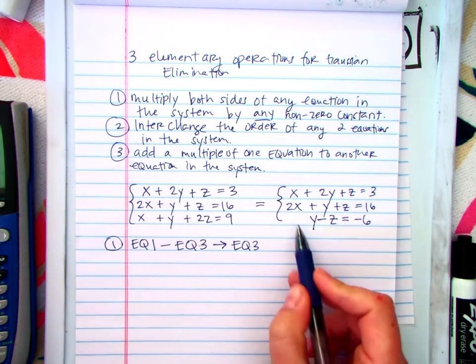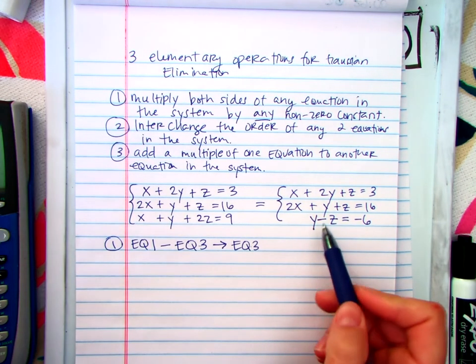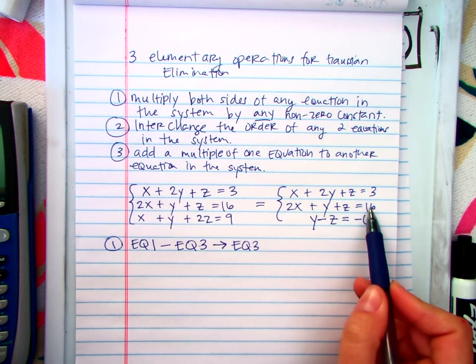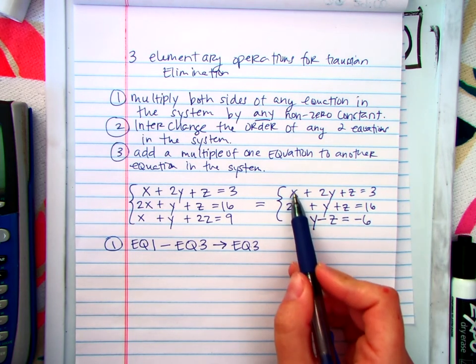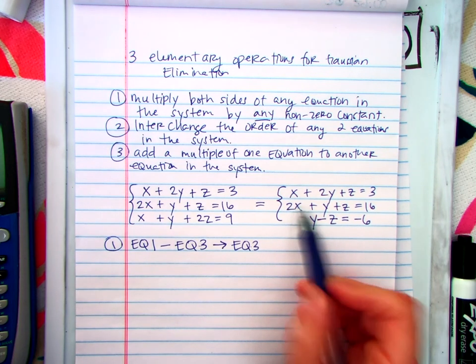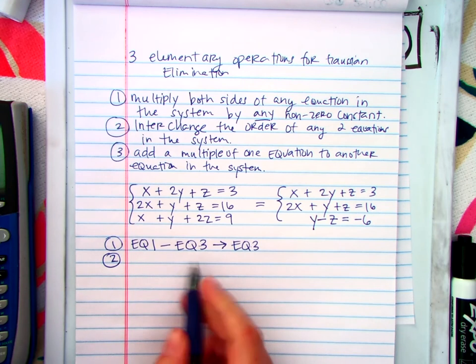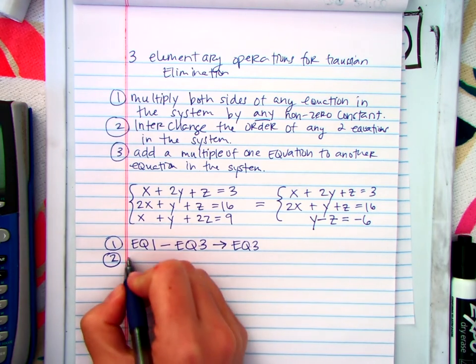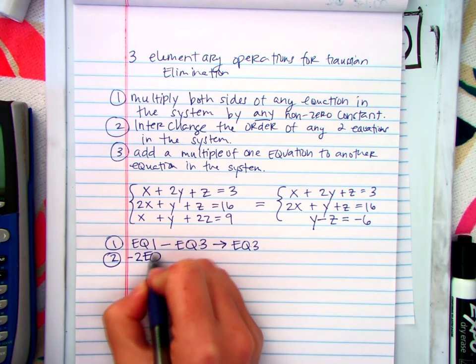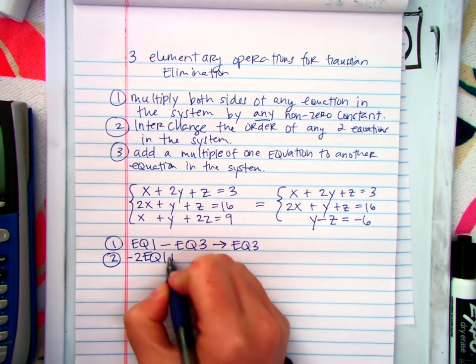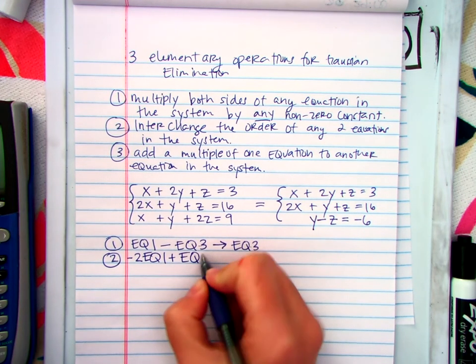The next thing I want to do, like I was saying a second ago, is eliminate x from this equation as well. So I'm going to go back to equation 1. What can I do to equation 1 this time to eliminate this one? Here's a log of what I'm doing: negative 2 times equation 1 plus equation 2.